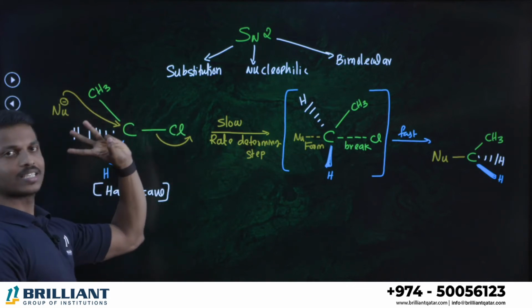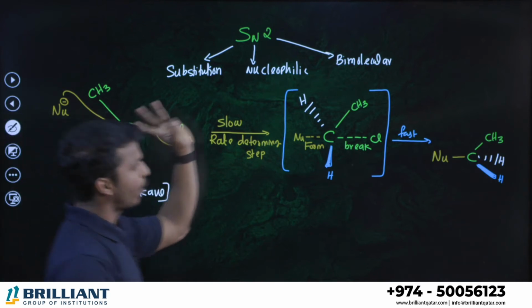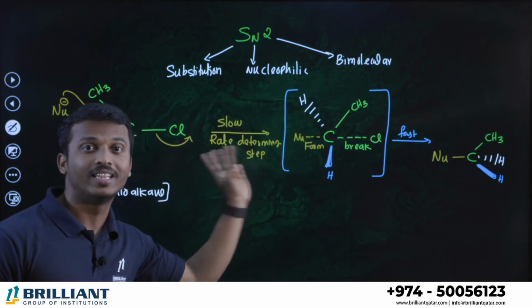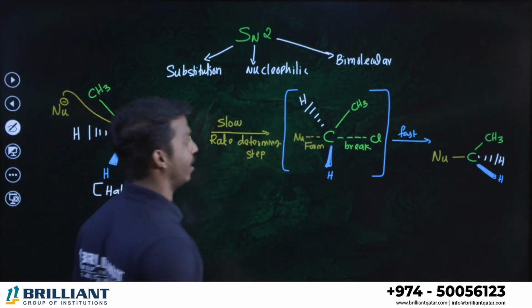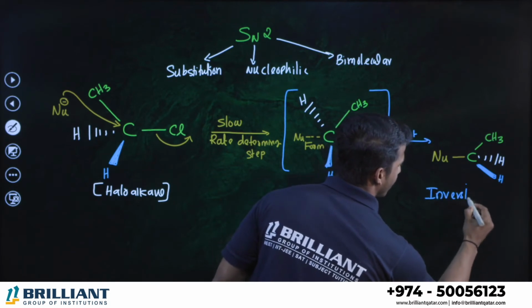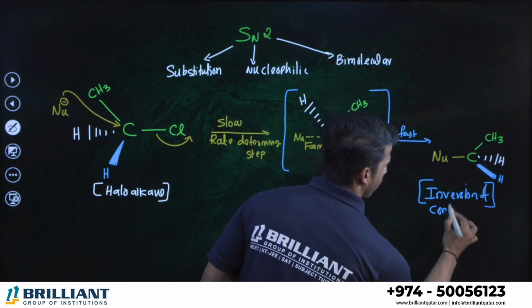Initially it is like this, the position of the alkyl group and everything, but after the product, you can observe this situation. So is it inversion or retention? There is an inversion of configuration. So in the SN2 mechanism, there is only inversion of configuration.